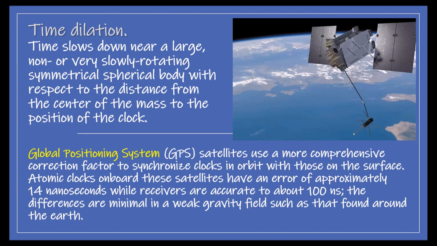So the receivers, the transmitters, satellites, are accurate to about 14 nanoseconds of error. And most of your receivers are accurate to about 100 nanoseconds. And the difference between the two is so small, it's very subtle, you wouldn't notice it.